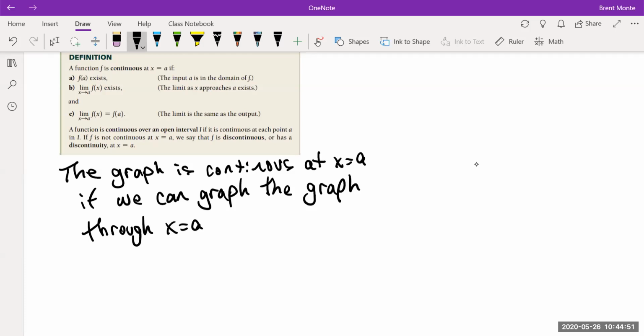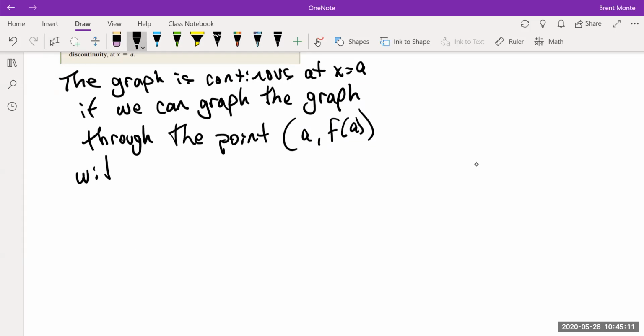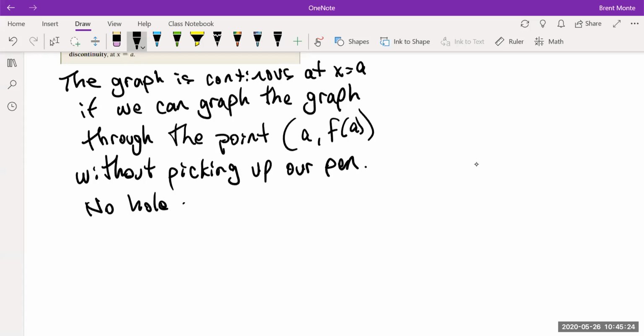Whatever point that is, it's a comma something. Since we're using f of x, we'll call it through the point a, comma, f of a, without picking up our pen. What does that mean? That means there's no hole or jump at that point.